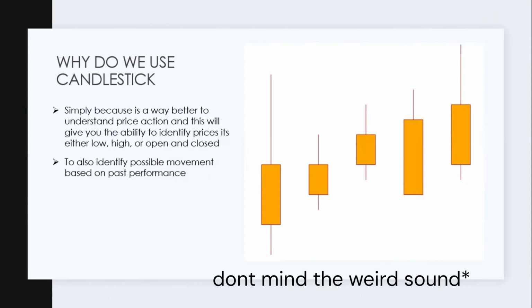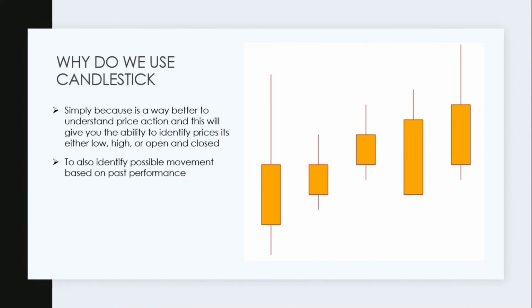Why do we use candlesticks? Simply because it's way better for understanding price action, and it gives you the ability to identify prices, whether low, high, open, or close. The candlestick will show you where it opened, where it closed, and where the high of the price is, and that's why we trade it.